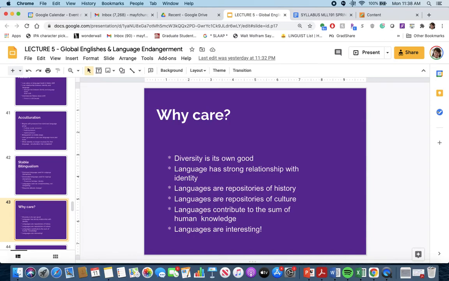Languages also contribute to the sum of human knowledge, right? So again, like if all of the academic articles are being written in English and presented in English, what does that mean for other articles or other sources of knowledge? There's a really great anecdote. I don't know if it's true, but it talks about these pilots that landed somewhere in rural Australia and they didn't have any food, so they starved to death or they ate each other.